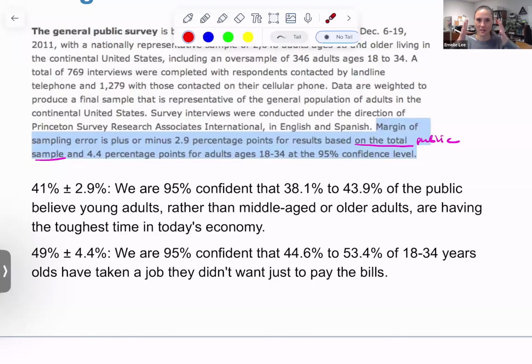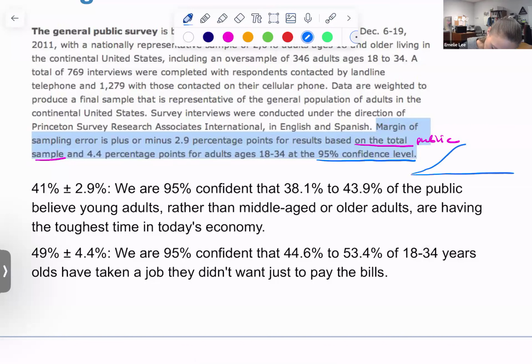Because we had the 68, 95, 99.7 rule, and that is what we're going to dig down to. So the 95% confidence level, we will have a normal distribution and it will be centered on p or p hat, my best guess.